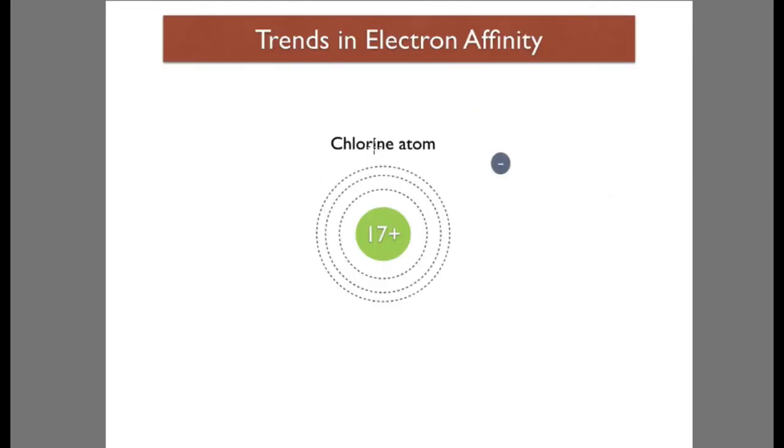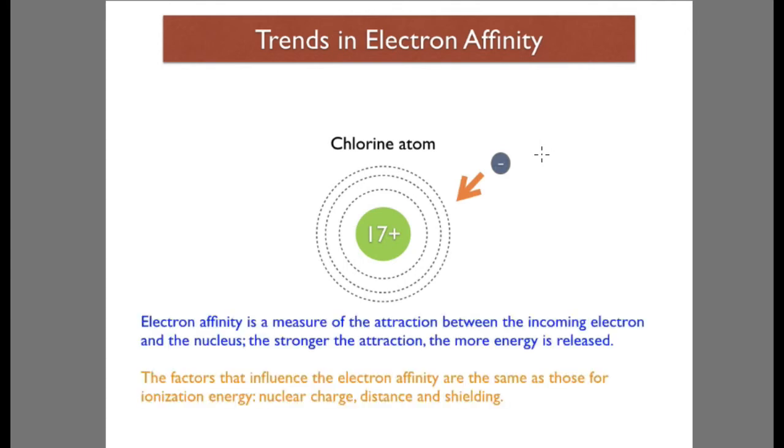Trend in electron affinity. In the chlorine atom here, you've got nuclear charge 17 protons, and you've got an outer electron, which at the moment isn't involved in the atom. That's important. It's not a valence electron in this picture. Electron affinity is a measure of the attraction between the incoming electron and the nucleus.